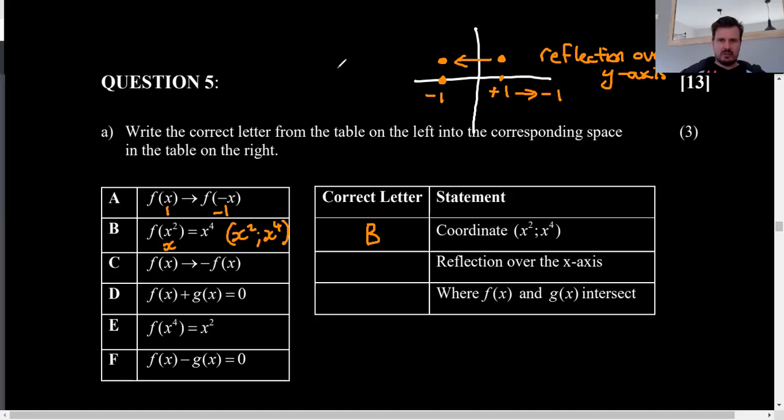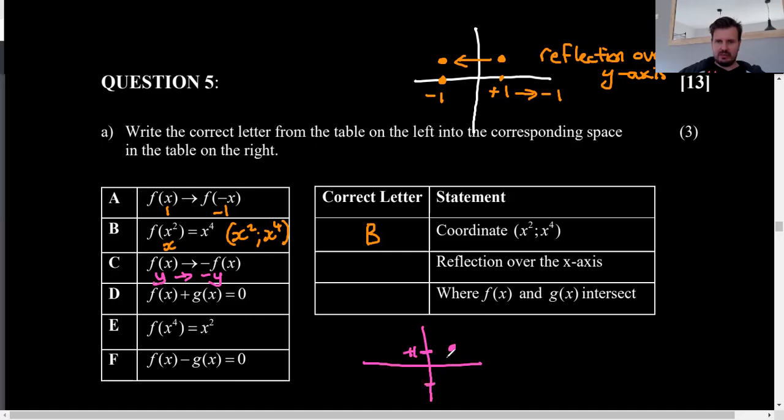The next one: this f of x is basically another way of saying y. So this is like saying y becoming -y. Remember, when your x changed from negative to positive, it reflected about the y-axis. The same thing here: let's say our y value was at +1 over here.